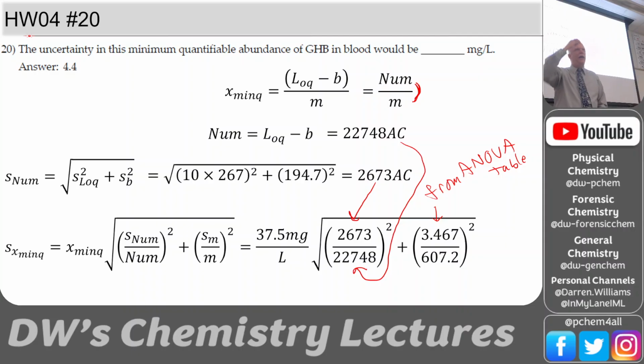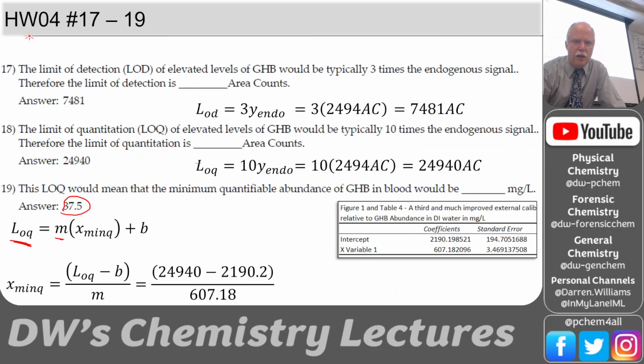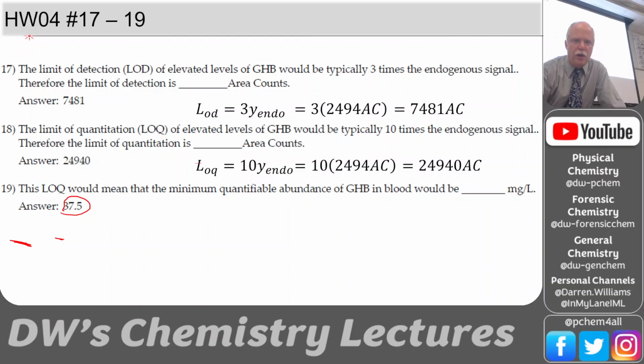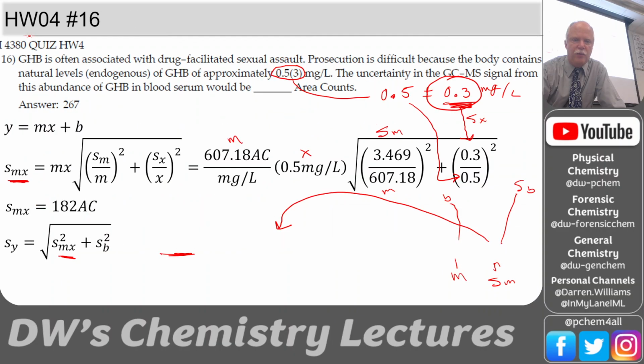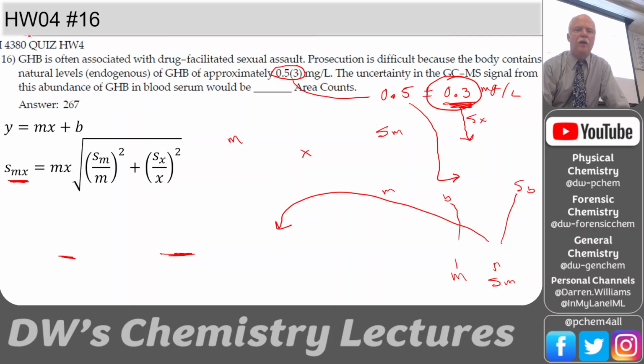Yeah, so the one in class I had three y values, and we took an average and a standard deviation of the three y values, and then we solved for the x mean and standard deviation. So in class I had three area counts, right? And I took those and I made an average and a standard deviation.